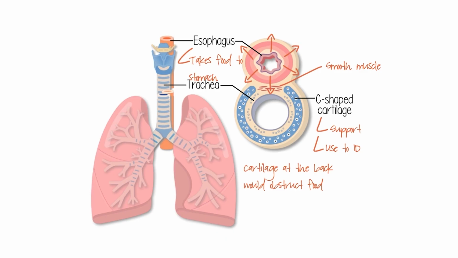With the relatively stiff cartilage at the back of the trachea, which is right in front of the esophagus, there wouldn't be enough room for the esophagus to distend, and swallowing would become quite uncomfortable, or in the worst case, the morsel of food could get stuck. So the strategic placement of the C-shaped cartilage in the front prevents it from collapsing inwards, but also prevents the trachea from compressing other surrounding structures.